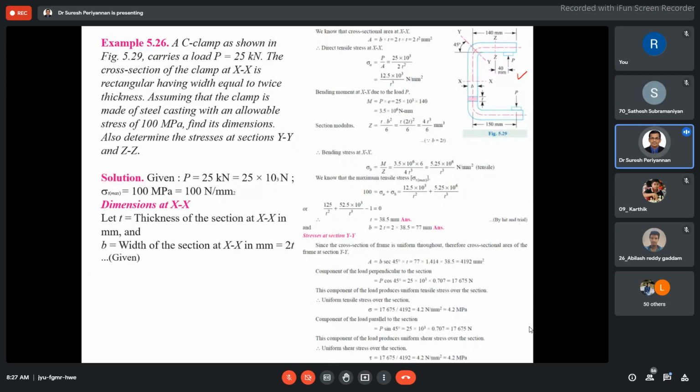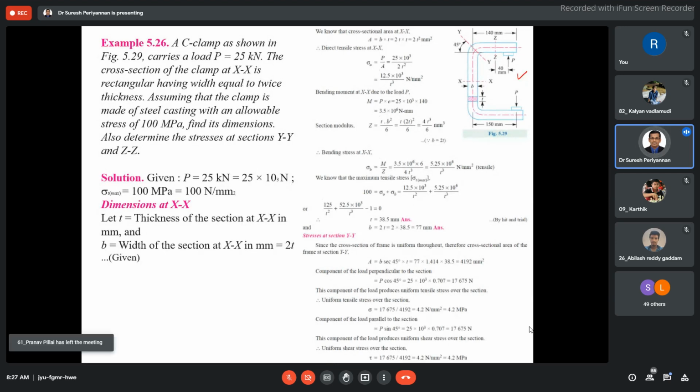This is a common problem in most books. But only if you understand the concept, how to apply it. Now we know how we are applying the earlier strength of materials concepts: bending moment, horizontal bending moment concept, vertical bending moment concept.